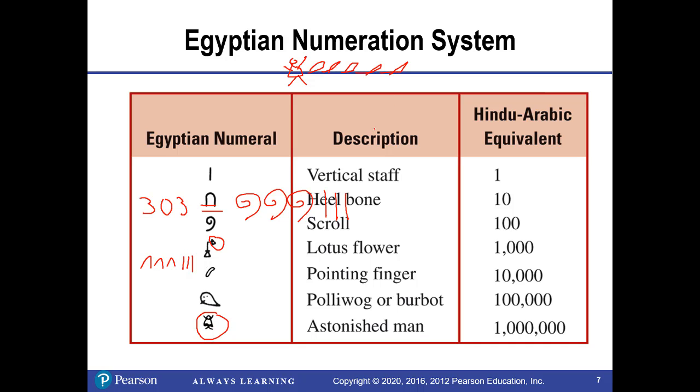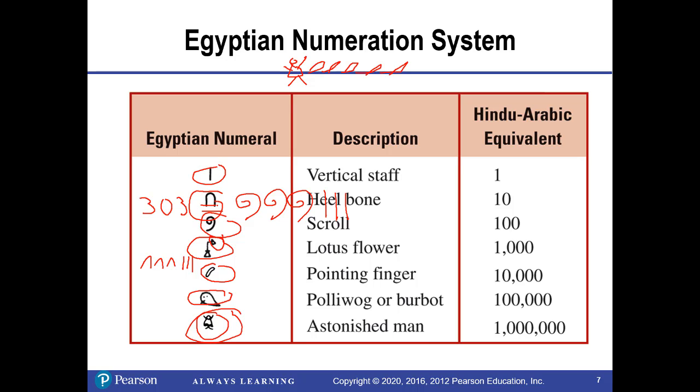Now, the problem with this system from our perspective is that it's really easy to write 1,000,000 here. It's just one symbol. But if I wanted to write 999,999, I would have to draw 9 pollywogs or tadpoles for 900,000, plus 9 pointing fingers for 90,000, plus 9 lotus flowers for 9,000, plus 9 scrolls for 900, plus 9 heel bones for 90, plus 9 staffs for 9.